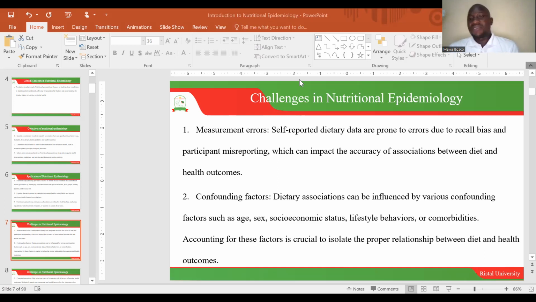So it means there is another factor that is actually influencing the outcome of interest, and we should take care of it. Okay, so it is very important that you establish the fact that there could be other confounding factors that you really need to take care of. Okay, so we move to the next slide.